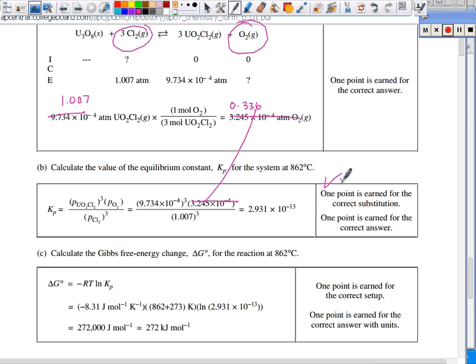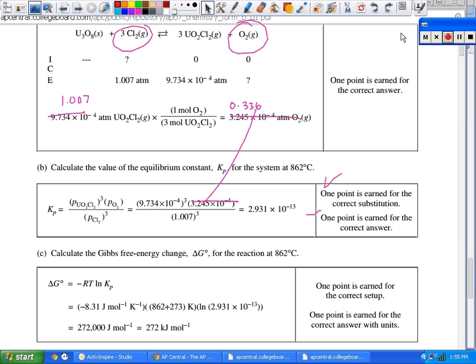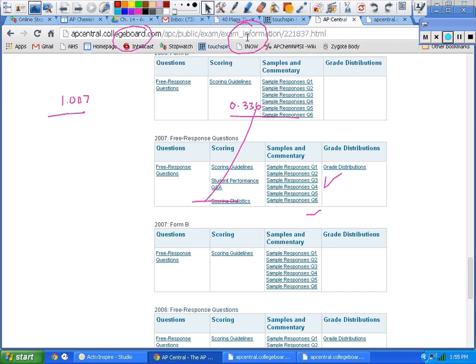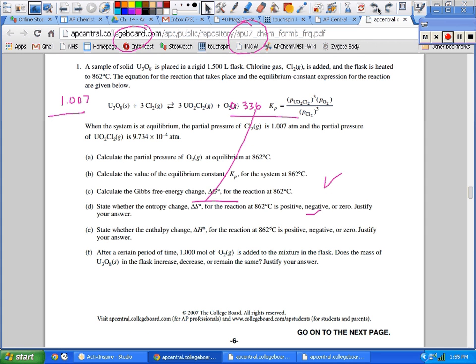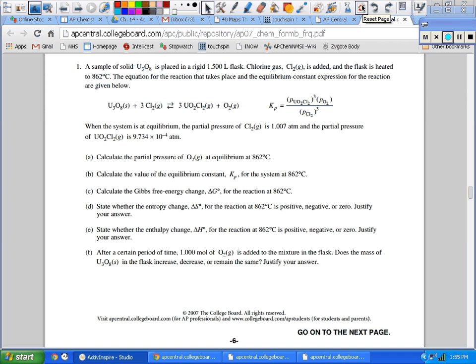Okay. Ignore the temperature unless you notice that it changes, because remember, the equilibrium constant stays constant at the same temperature. So if you go back and look up at the question, if you'll notice, the temperature they give you is right here, and right here, and right here, and right here.